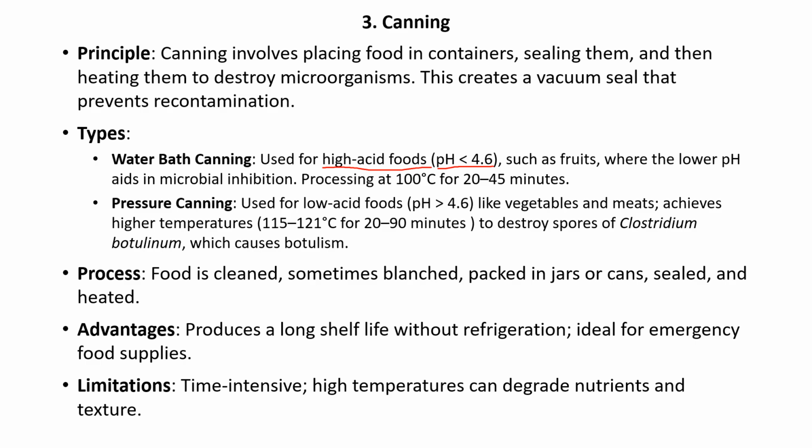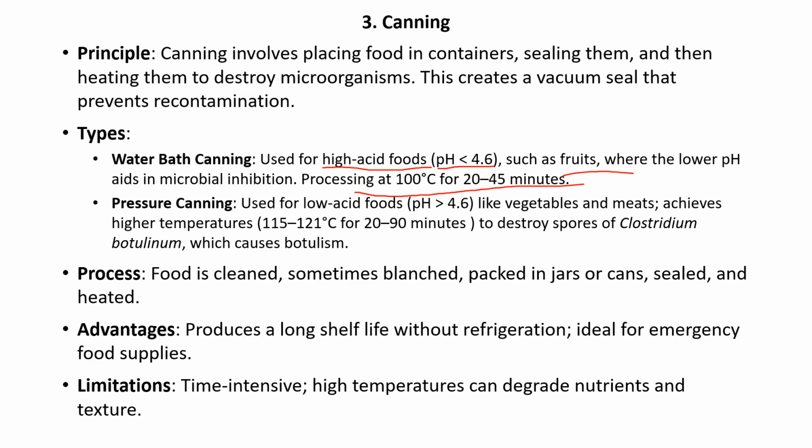Foods such as fruits and pickles are sterilized by this method, where the lower pH aids in microbial inhibition. Processing is done at 100 degrees Celsius for 20 to 45 minutes.